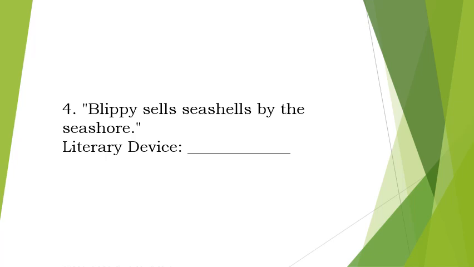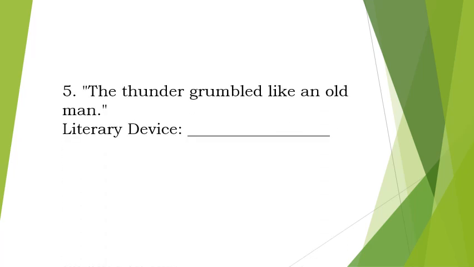So what literary device is that? That is alliteration. The repetition of the consonant sound. Number 5. The thunder grumbled like an old man. What is the sound of thunder? Okay, the thunder grumbled like an old man. What literary device is that? It's a simile.